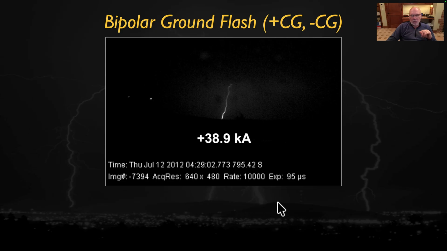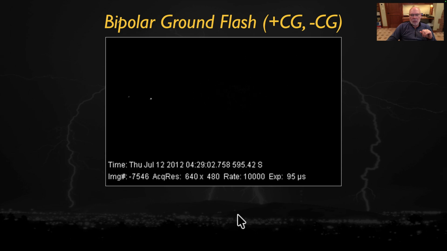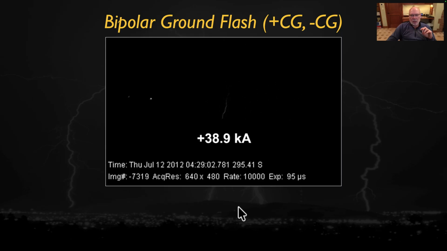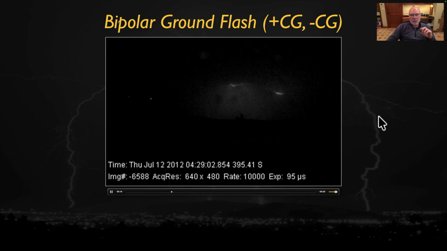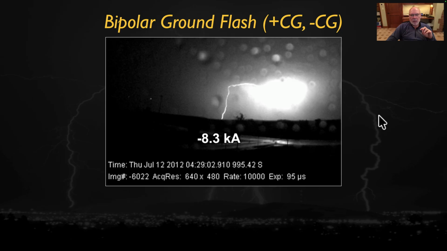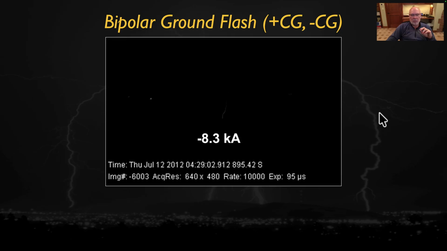And this is the example that we used in our paper where we described this process. You can see the positive leader coming to ground with recoil leader activity, return stroke of nearly 40 kiloamps. But then you start seeing some recoil leader activity off to the side, and one of these causes the negative end to go downward, connect to ground, and that registered as a negative CG.